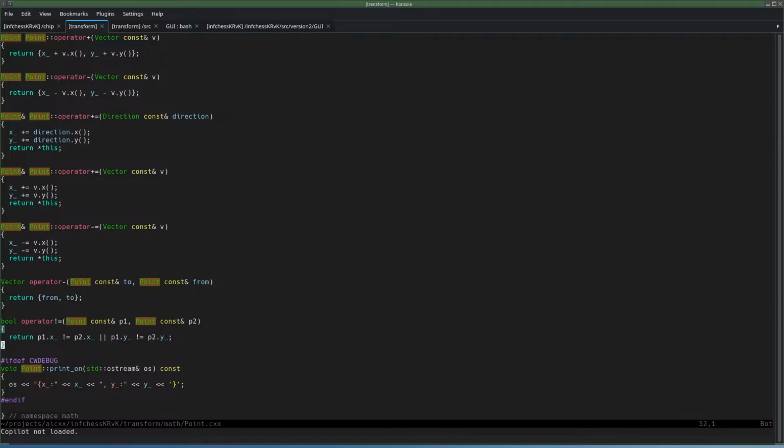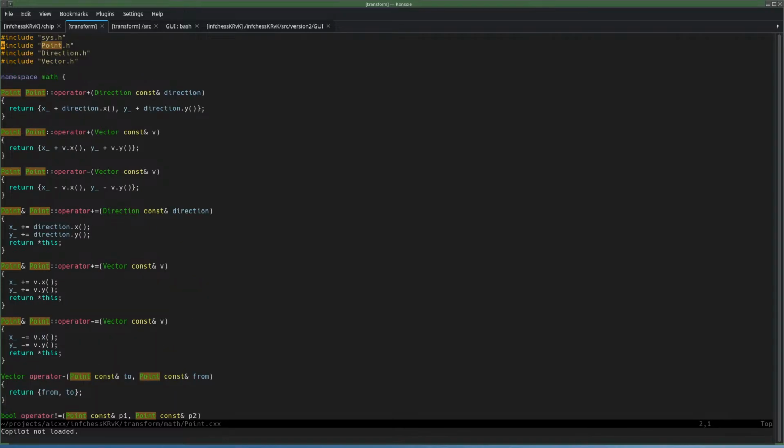I mean, theoretically, point needs direction and vector. A vector needs point. Why do I need vector? I want to be able to add a vector to a point. Or subtract one.